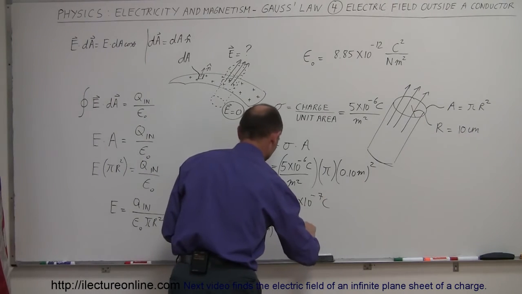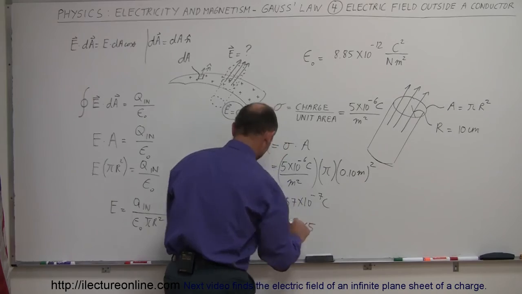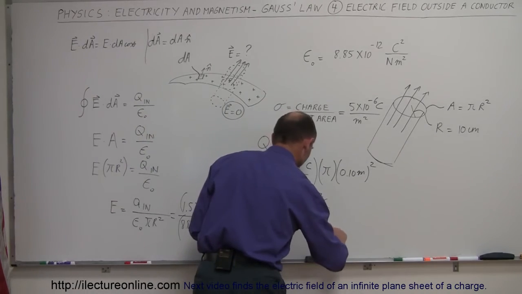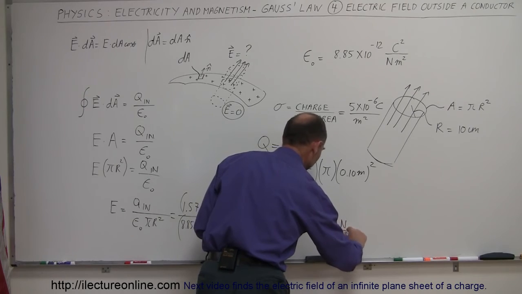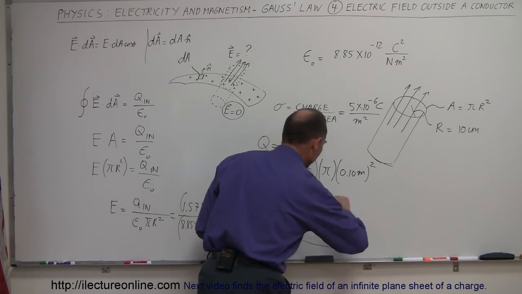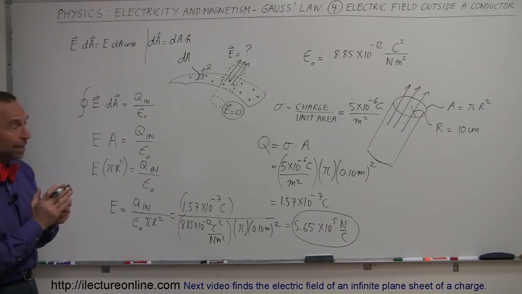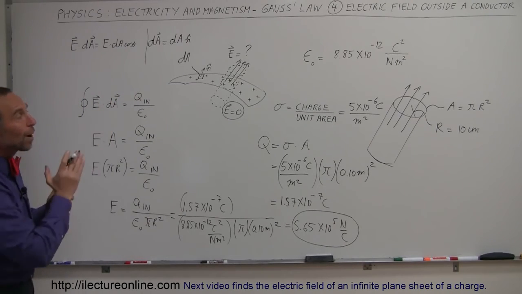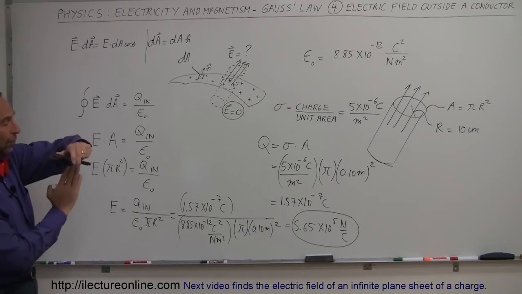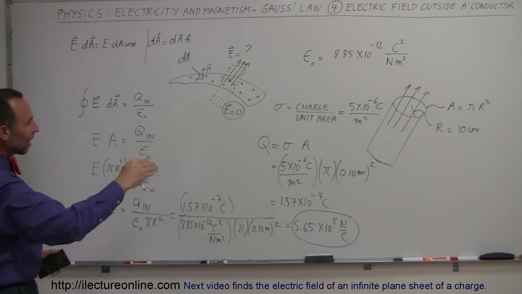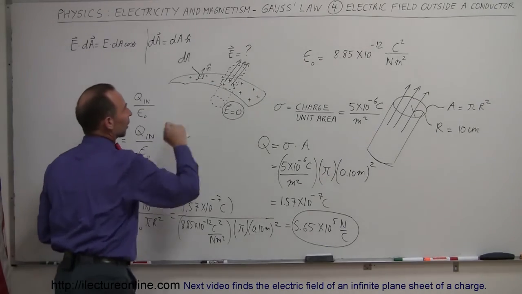5.65 times 10 to the 5th, and that would be newtons per coulomb, which would be the appropriate units for the electric field. And of course, the direction would be perpendicular away from the surface. So at right angles, or perpendicular away from the surface, that's the electric field just outside the surface of this conductor.